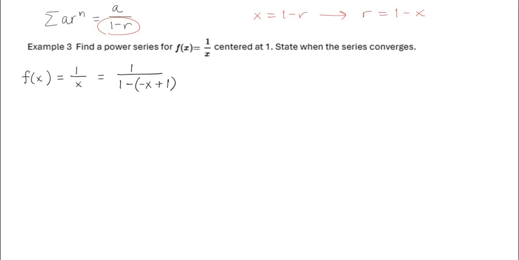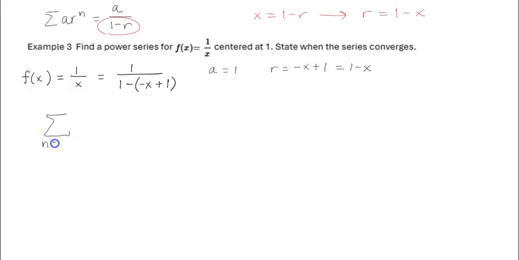Okay, so now we can see that a is equal to 1, and that r is equal to negative x plus 1, or 1 minus x. It doesn't matter which order we write it in. I'll leave it as negative x plus 1. It really doesn't matter. Let's fill out the sum now.